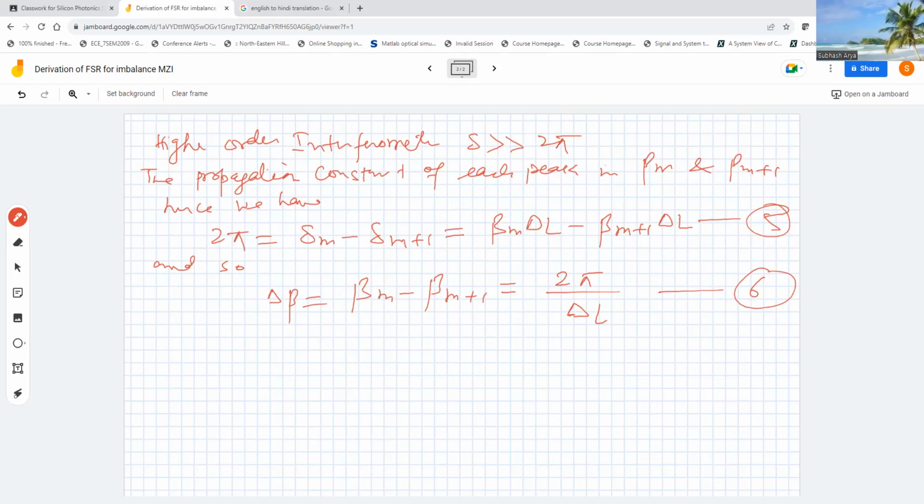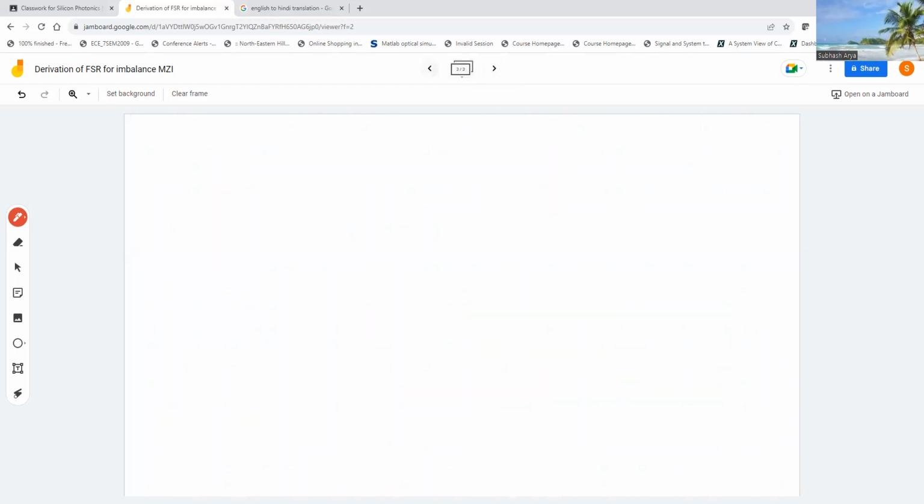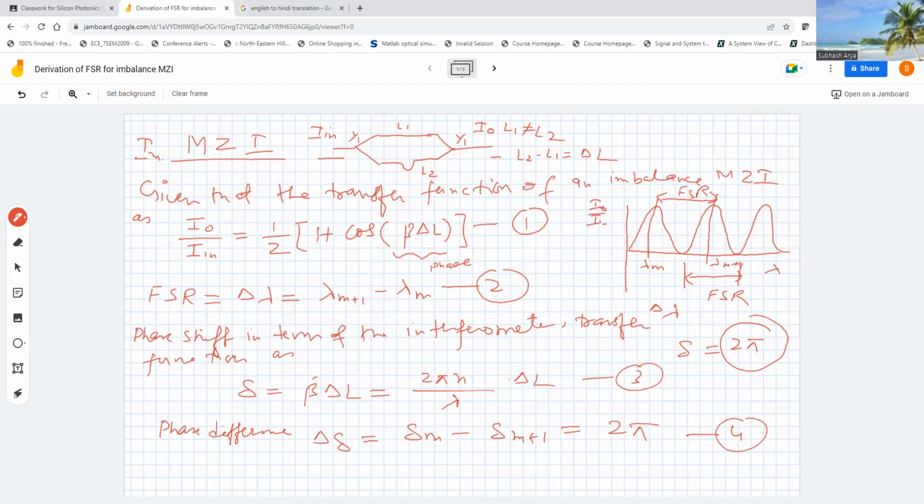Now let us assume that this beta, the change in beta, is varying linearly with respect to change in the wavelength. You see this is the FSR equation: this side lambda, this side the transfer function.